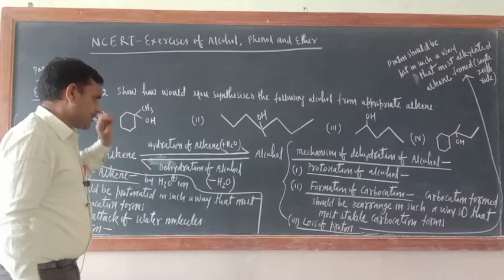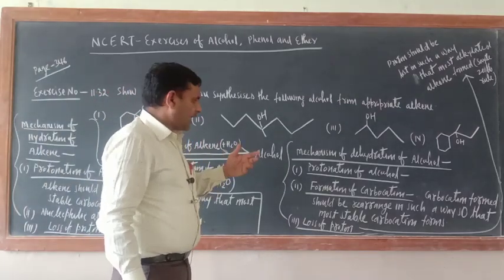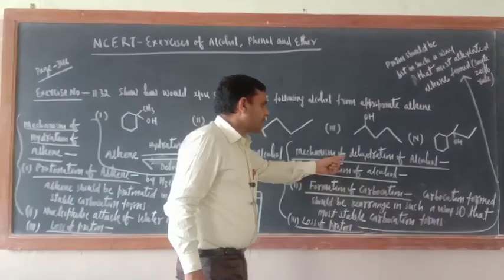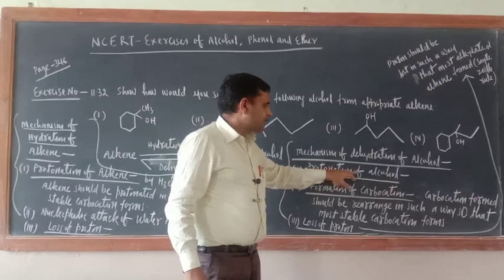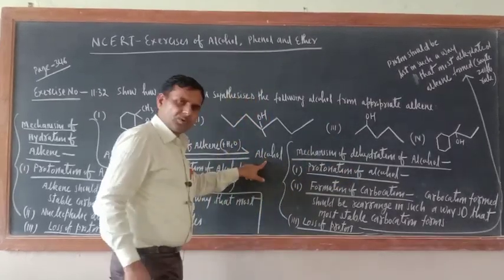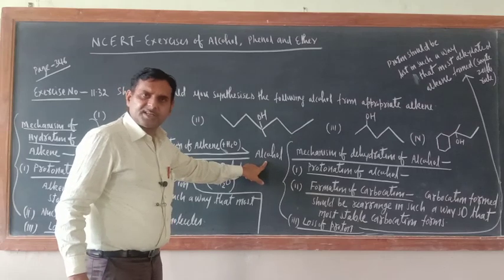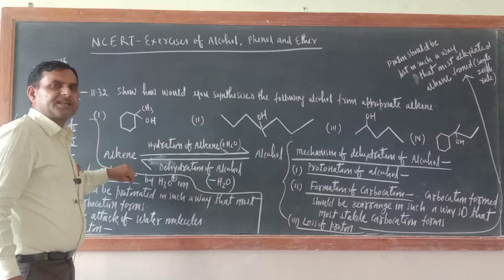Now, to refresh your knowledge, here I wrote the mechanism of dehydration of alcohol. What is the first step? The first step is protonation of alcohol, because dehydration of alcohol is acid catalyzed. Similarly, hydration of alkene is also acid catalyzed.